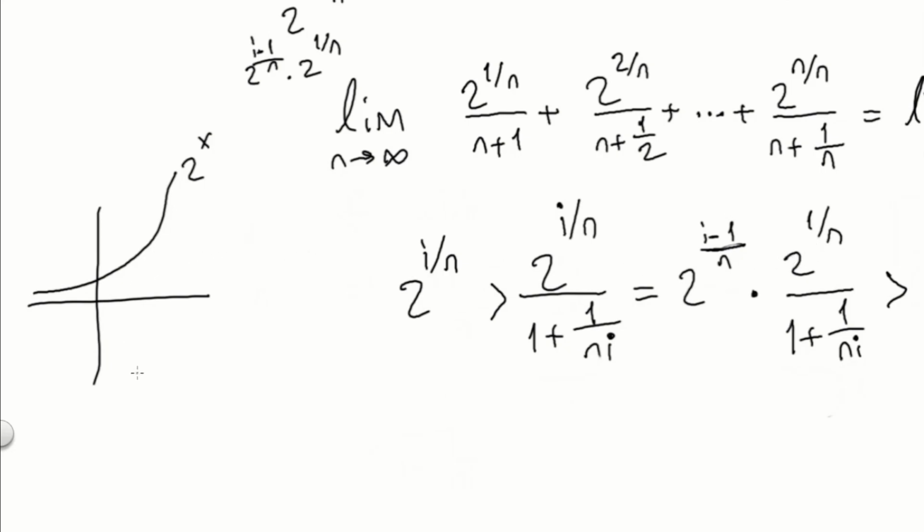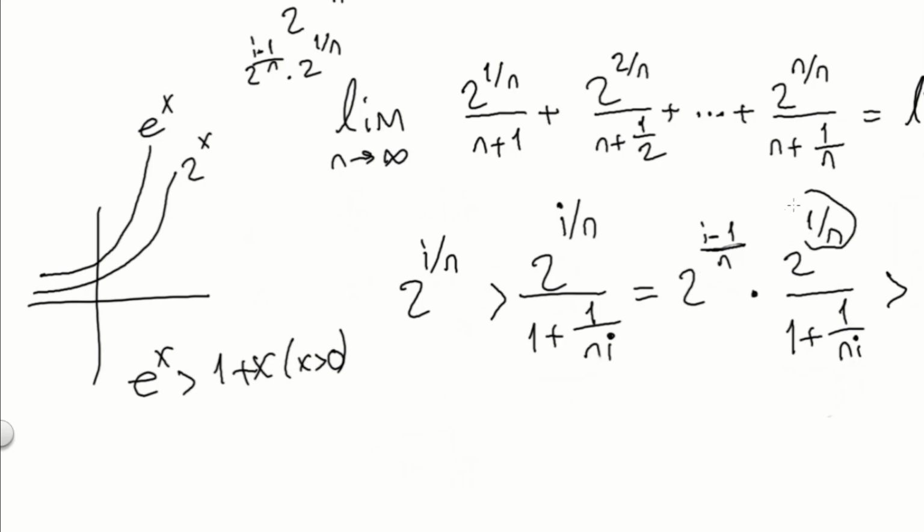If you remember from the exponential with e, e to the x is bigger than 1 plus x. This is true for any x bigger than 0. Here it's enough for us to take x bigger than 0, because our power is 1 over n and it's obviously positive.